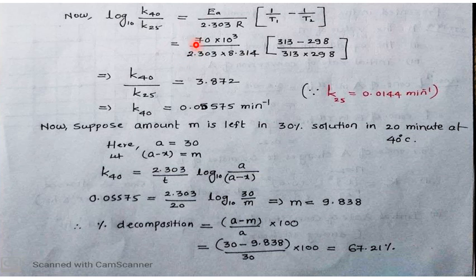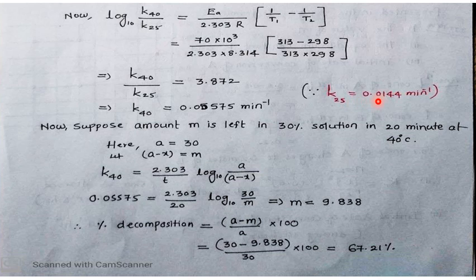EA value I have substituted. EA is mentioned in kilojoules, 10 power 3 joules. R equal to 8.314 joules. The remaining I have substituted here. So finally K40 equal to 0.05575 minute inverse.